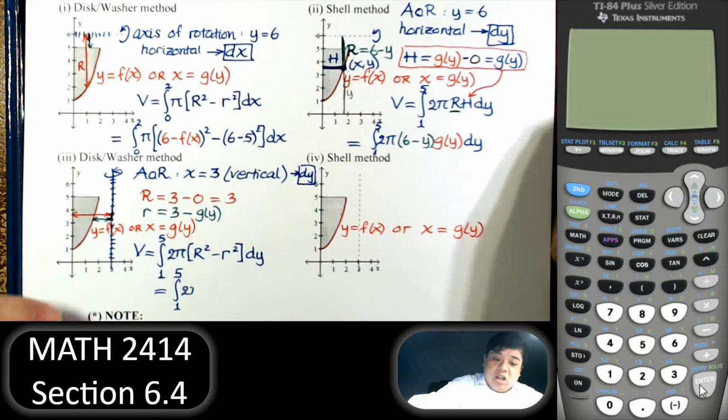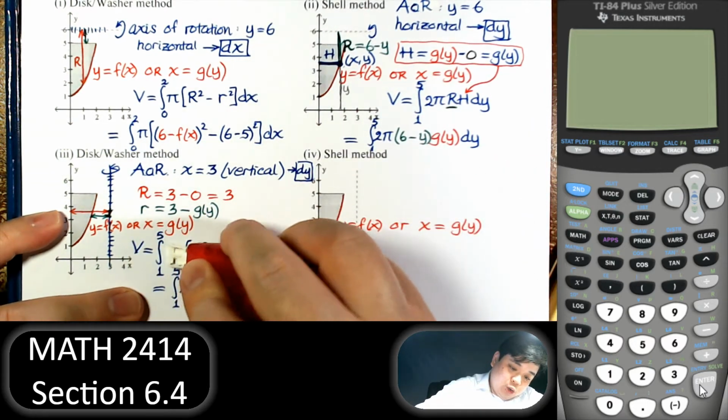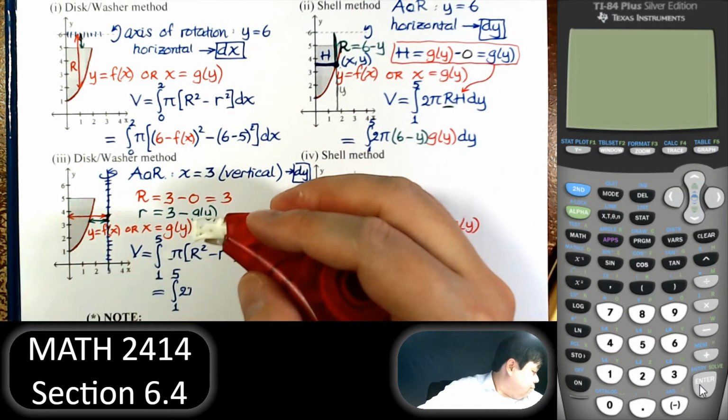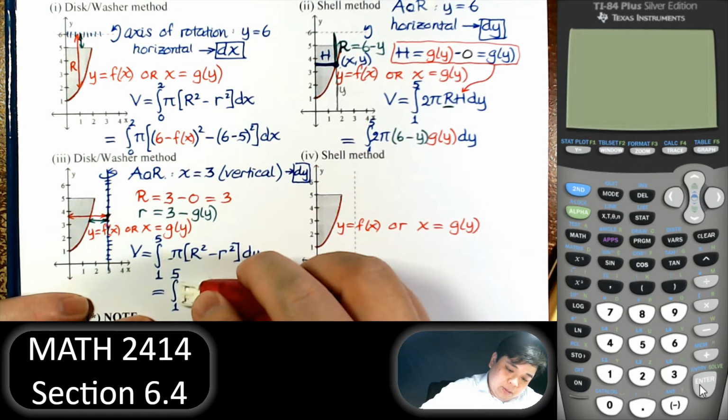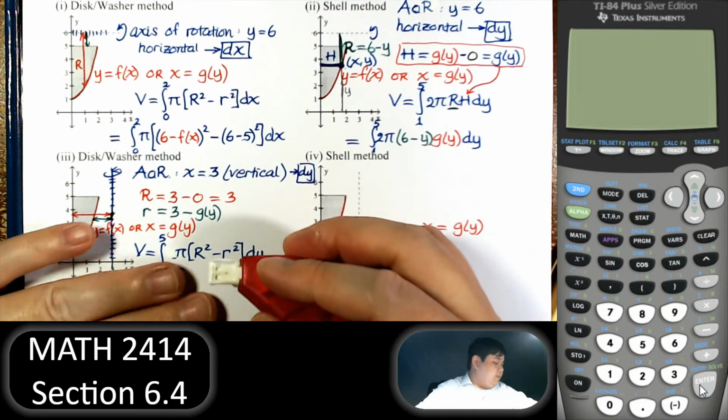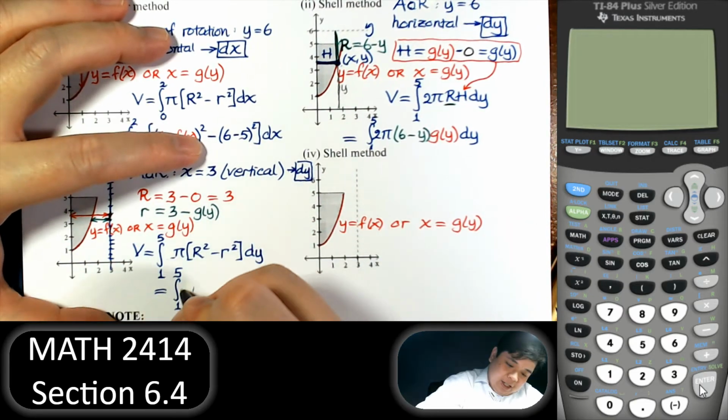Of course, in the washer method, remember there's only 1 pi, not 2 pi. Sorry. Just a pi.